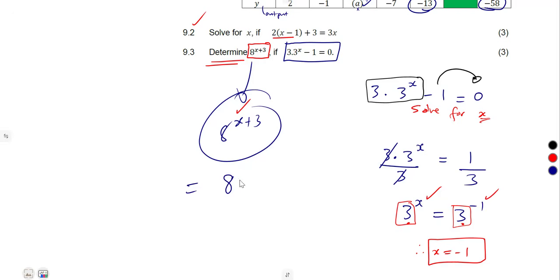So that's 8 to the exponent. In place of x, we substitute -1 plus 3. All right, so that is going to give us 8 to the exponent of -1 plus 3, which is 2. 8 to the exponent of 2, that's 8 times 8, which is what? 64. All right, so that is what we were going to have at the end of the day.